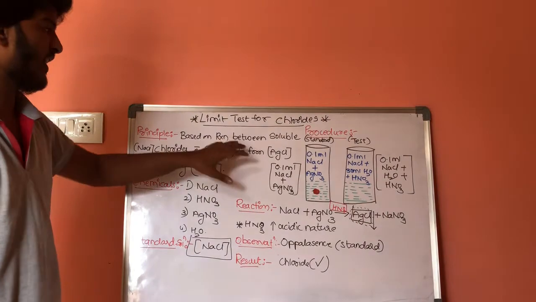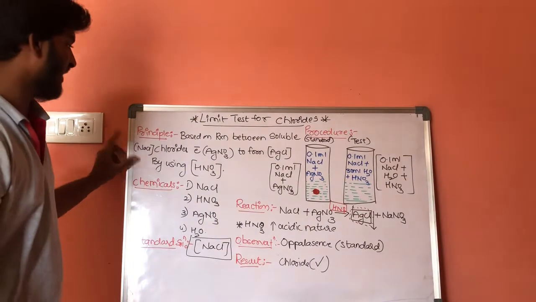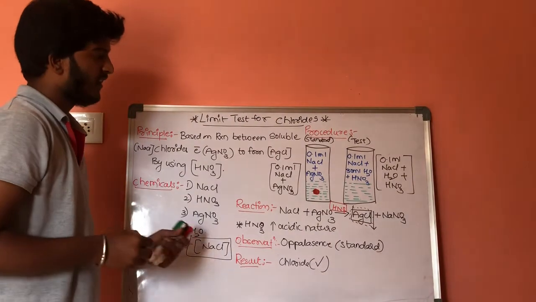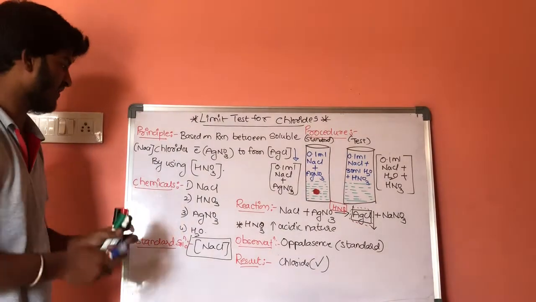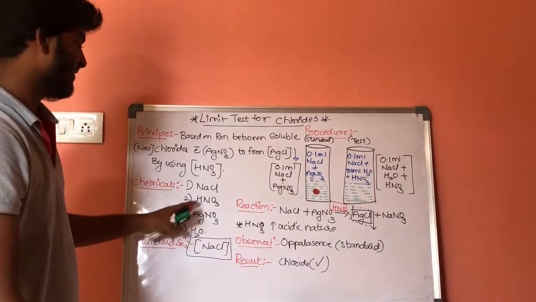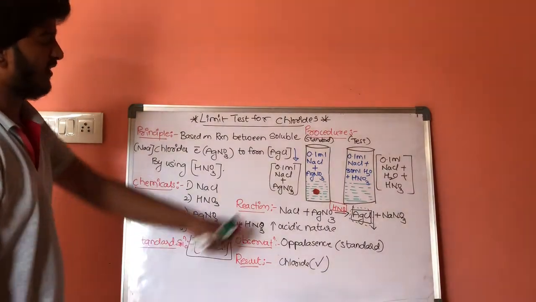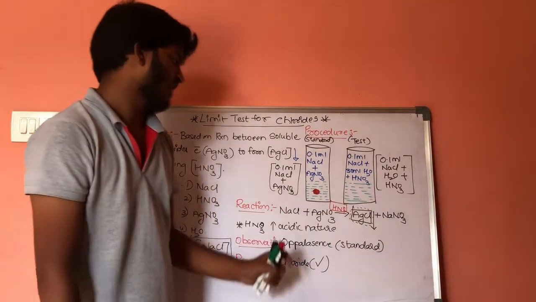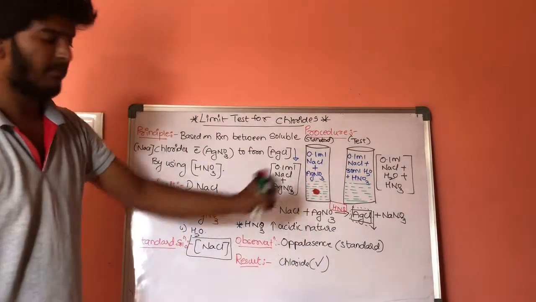Once again, the limit test for chlorides is based on the reaction between soluble chlorides, like sodium chloride, reacted with AgNO3, forming sodium nitrate and AgCl in precipitate form, by using dilute nitric acid. This is the principle, and the chemicals required are sodium chloride, nitric acid, silver nitrate and water. The standard solution used is sodium chloride. This is the procedure to make the standard and test solutions. The reaction is sodium chloride reacting with AgNO3 to form AgCl and sodium nitrate.